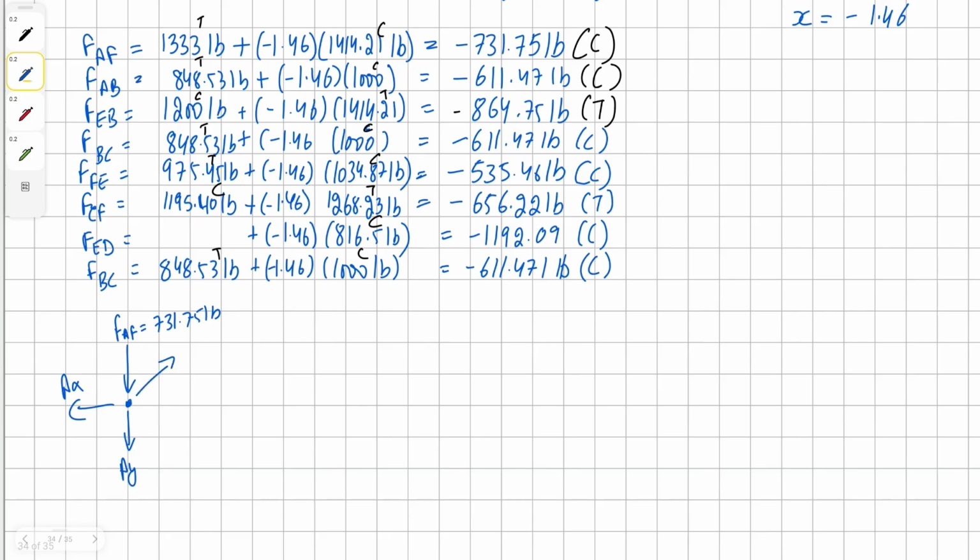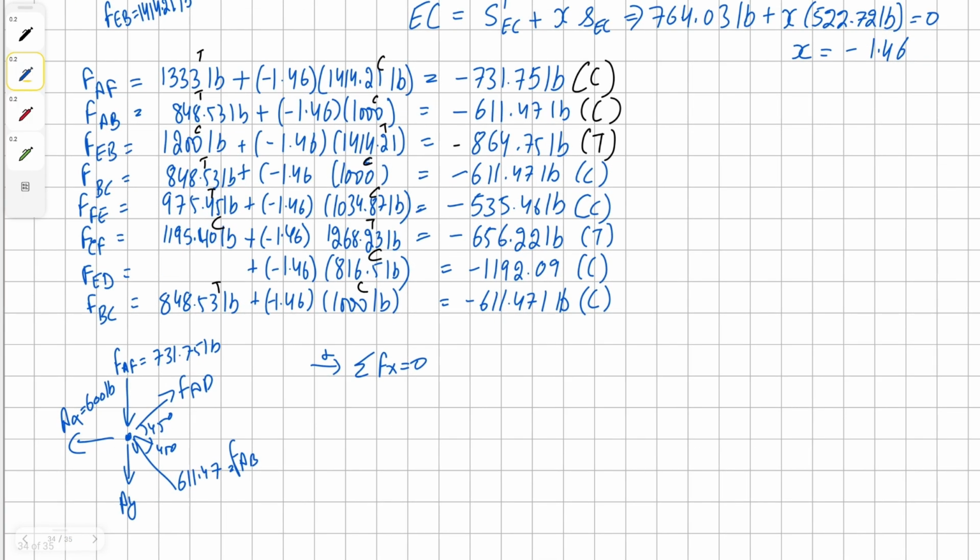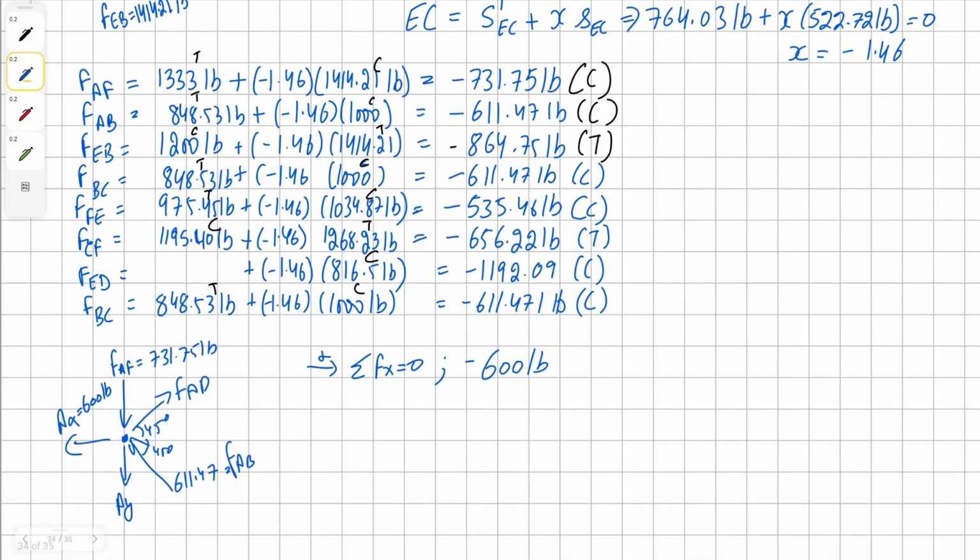Then we have the unknown force AD and our known force in member AB, 611.47. We can sum the forces in the X direction because it's a little bit easier to find a solution for our unknown member AD. So we're going to have 600 pounds negative and the horizontal component of AD and AB. Solving for force AD, we get a solution as 1459.998. Rounding it up, we get 1460 pounds.